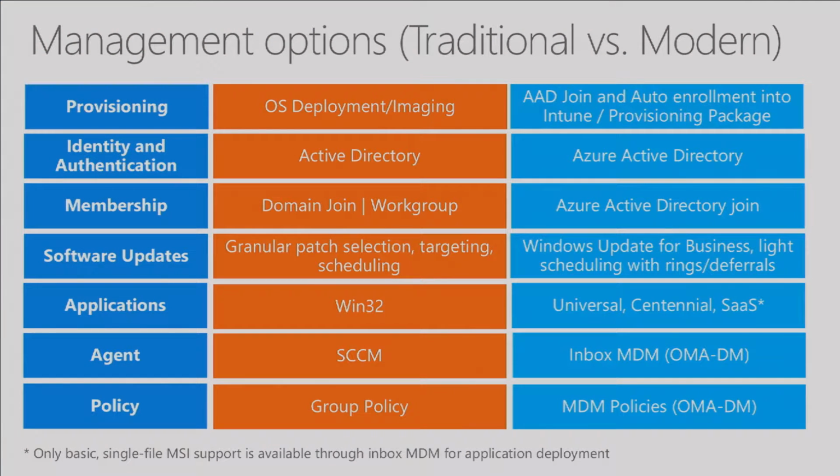So this is really the crux of the conversation, this table. These are the comparisons of traditional versus modern management. The way to process this slide is going left to right. Each of these rows is its own line item of things that you have to resolve to move from the middle column to the right-hand column.